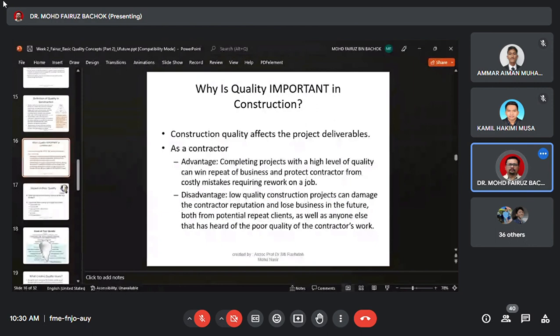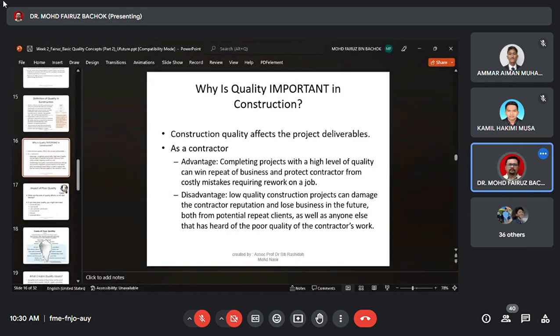That's called quality construction. Okay, if you do not meet the specification which they put in the construction document, then your construction is assumed as not quality construction. Okay, so what do they mean by the project deliverable?